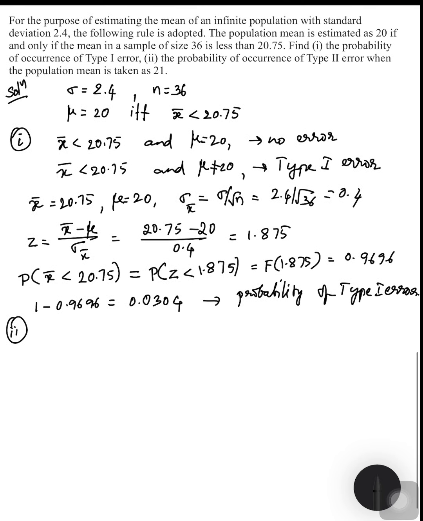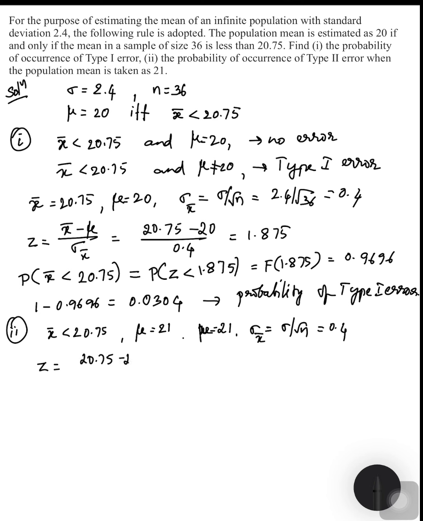Let us move on to the next case. We need to find the probability of type 2 error when the population mean is taken as 21. So x bar is still less than 20.75, but here we are going to take mu equal to 21, and sigma x bar is equal to sigma divided by root n, which is 0.4. So z would be equal to 20.75 minus 21 over 0.4, which gives us minus 0.625.